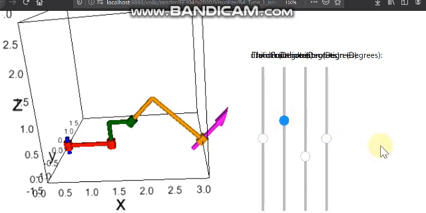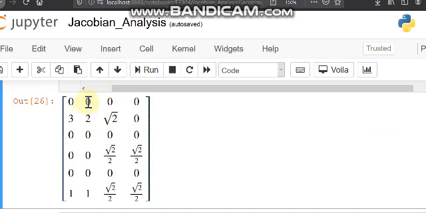Here we are changing just theta 2, and it seems that O4 is again moving only along the y direction. So we expect the first three rows of the second column of the Jacobian matrix to only have the y component as a non-zero element, and the rest will be 0, which is indeed correct here. This is the second column, these are the first three rows, and here only the y component is non-zero, whereas the x and z components are 0.